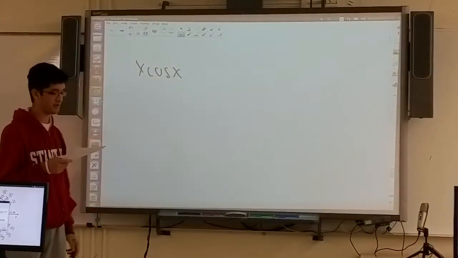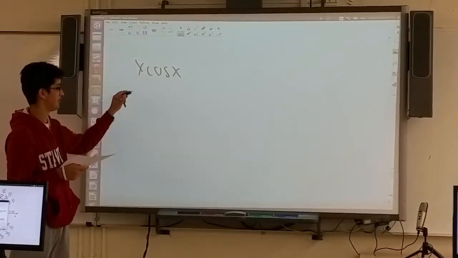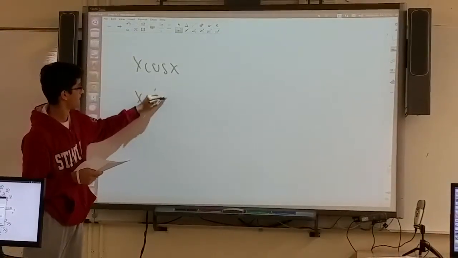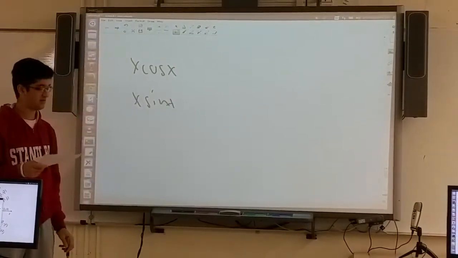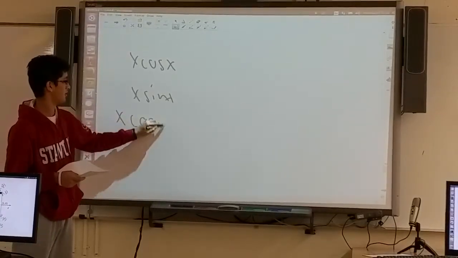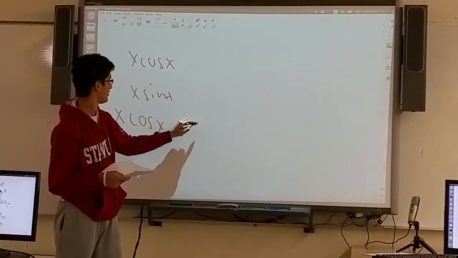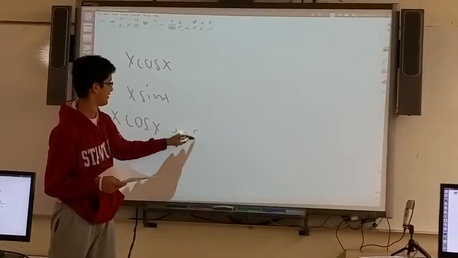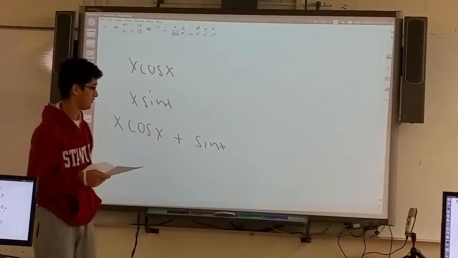The first one obviously doesn't work, because when you differentiate x sine x, you do the product rule, so it's x cos x plus sine x. So that doesn't work.